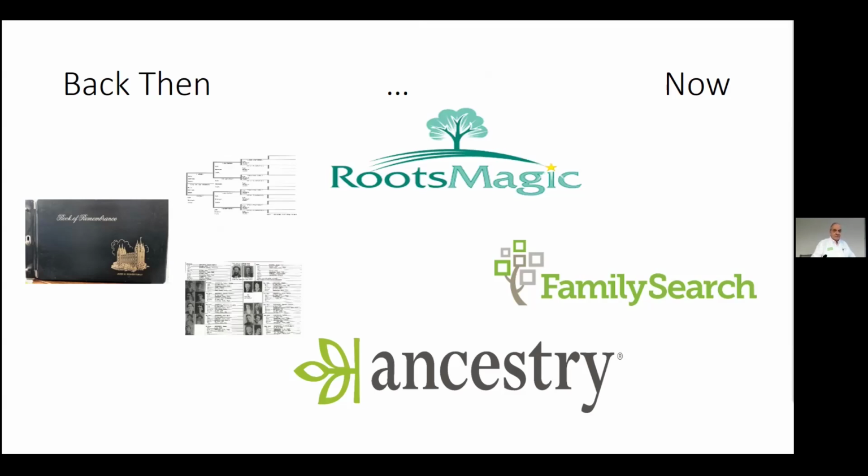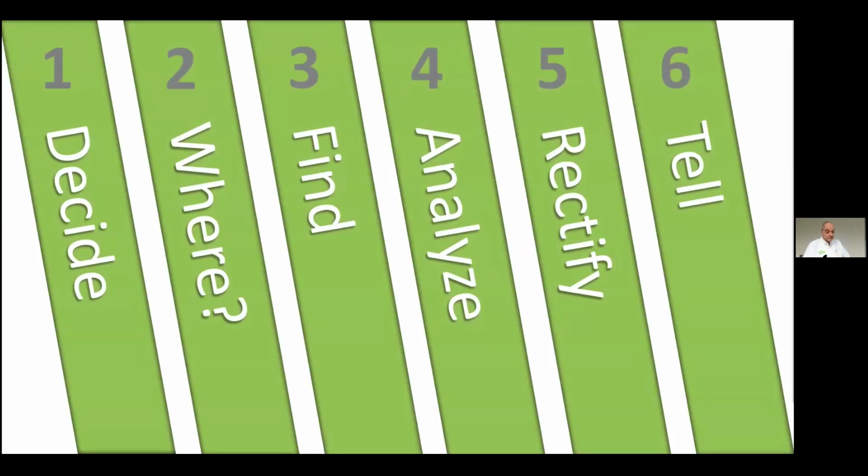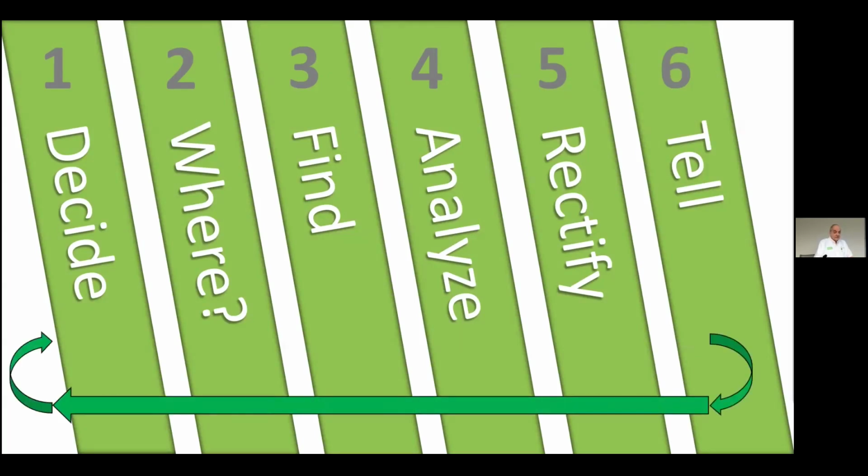They do, but you do a lot of good work that way. This is what we discussed today. You decide what you want to work on, you decide where it is, you find it, you analyze it, you rectify it, you tell somebody what you did, and then rinse and repeat. This is why family history is never done.